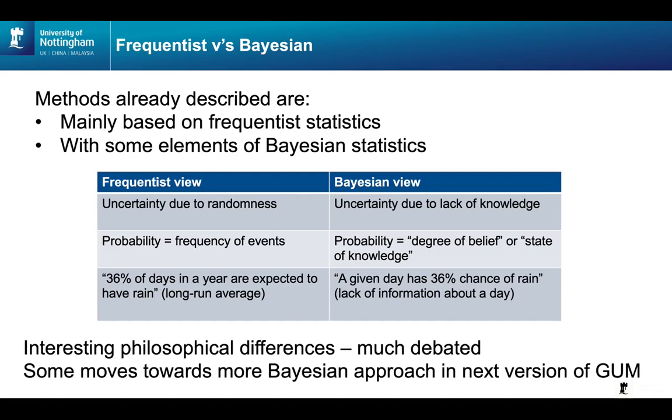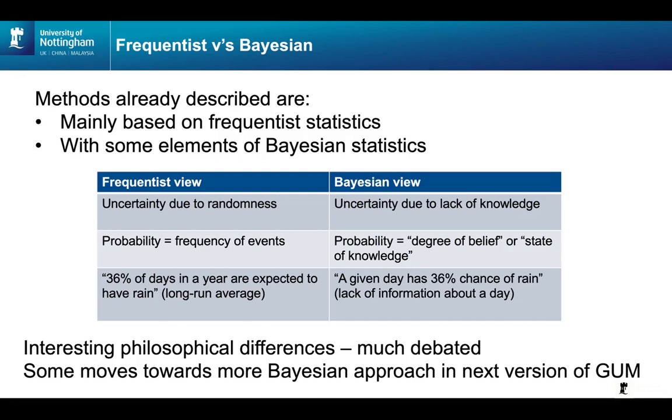So here's an example: a frequentist view would say that 30% of the days in the year are expected to have rain. We would call that a long run average. But in a Bayesian approach, you would say a given day has a 36% chance of rain. So it's again lack of information about a day. These are interesting philosophical differences, and there's a lot of debate about this in the uncertainty community.